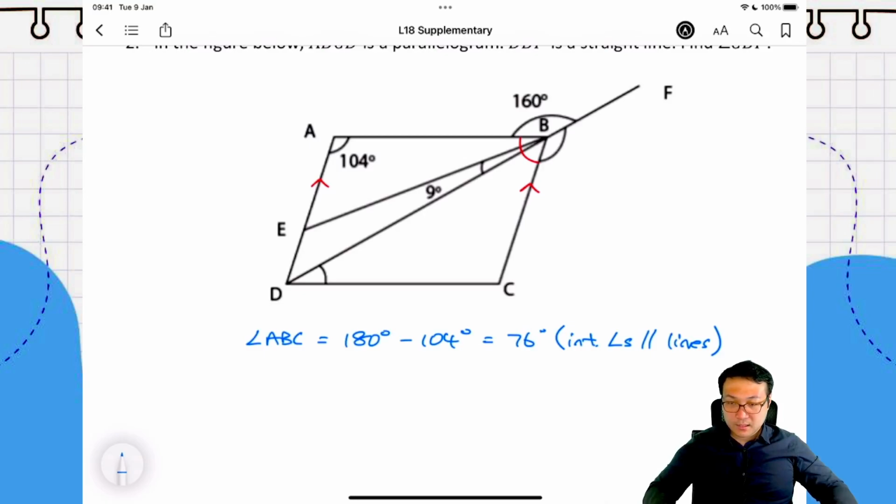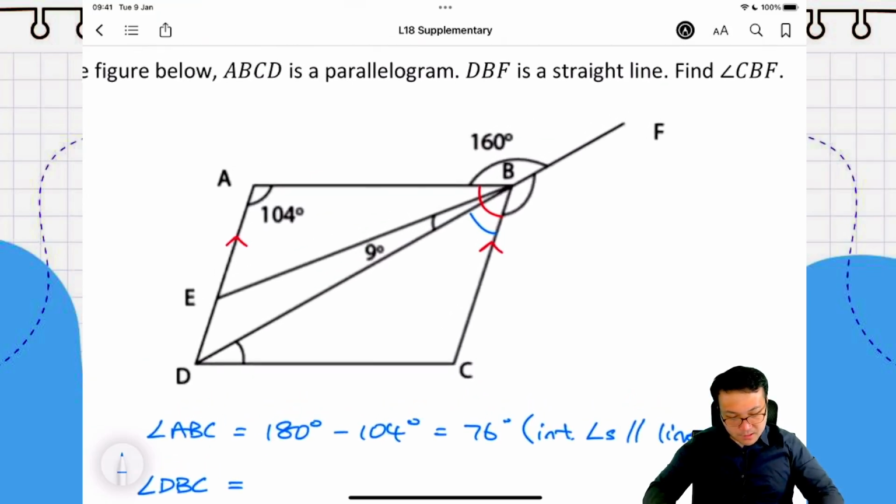Then what about angle DBC? Can we find angle DBC? That means this angle here. Or maybe we can just find this first. What is this angle here, the one that I just labeled?